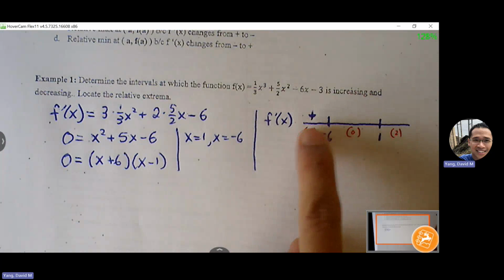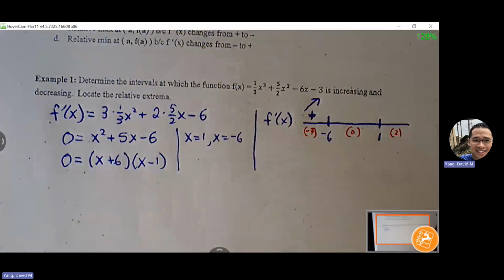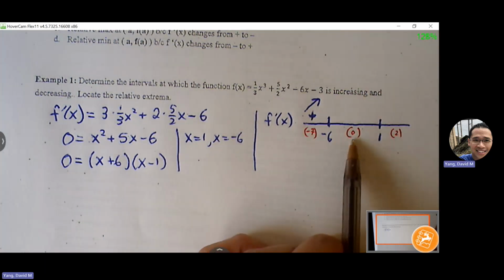And I like to use arrows to kind of give a visual as to how the graph is looking. So I like to use an arrow pointing up like that. That just gives me an indication that is how the graph is rising, or that's how the graph is behaving to the left of -6. Next up, my test point is 0.